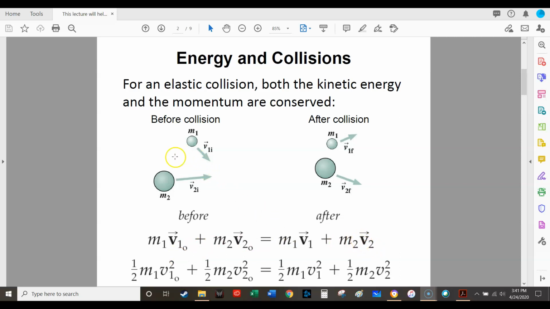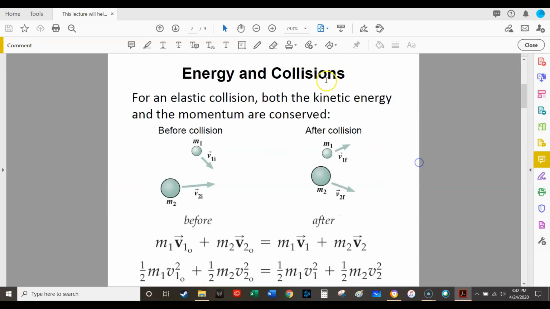What this is saying is this. I'm going to mark up this document to take a couple notes to illustrate what I am talking about. So what we learned before is that the total change in momentum is equal to 0, such that the initial momentum is equal to the final momentum.